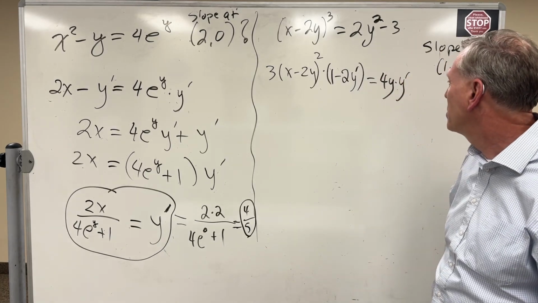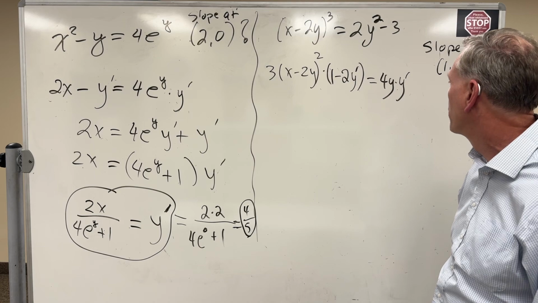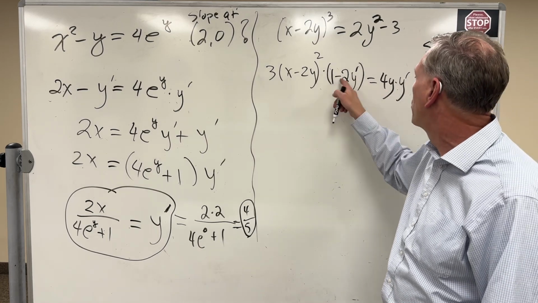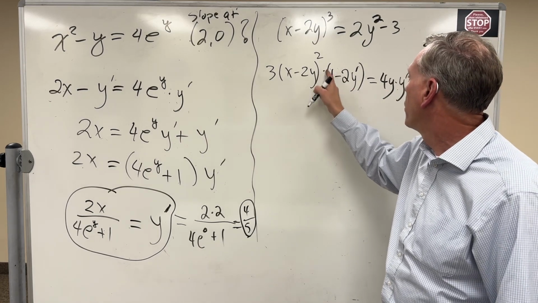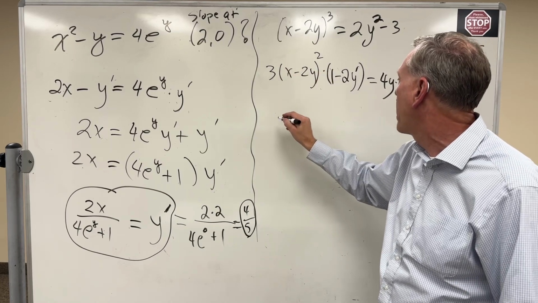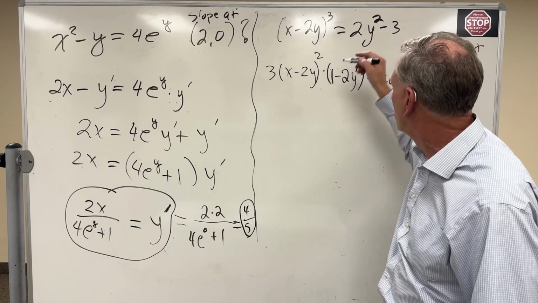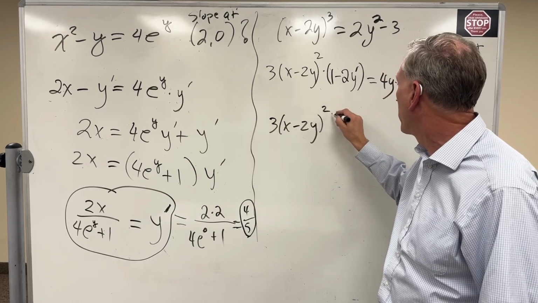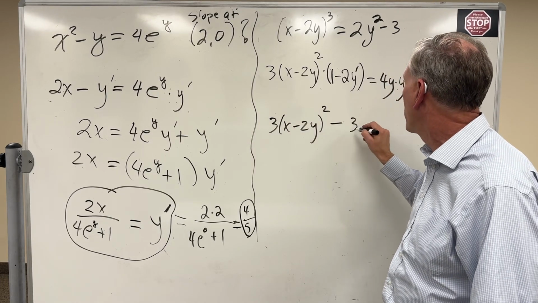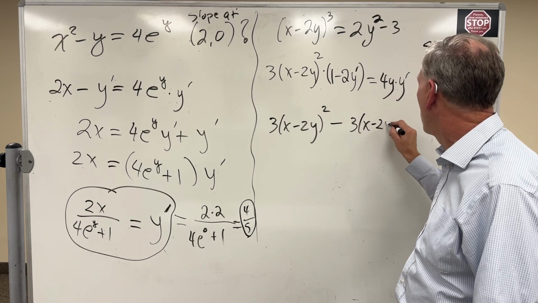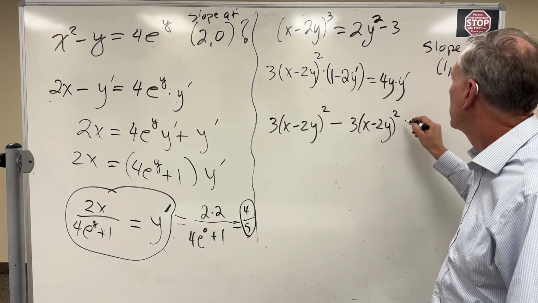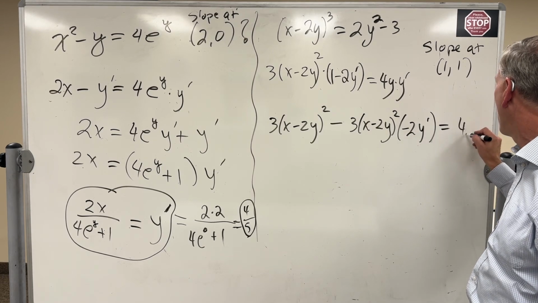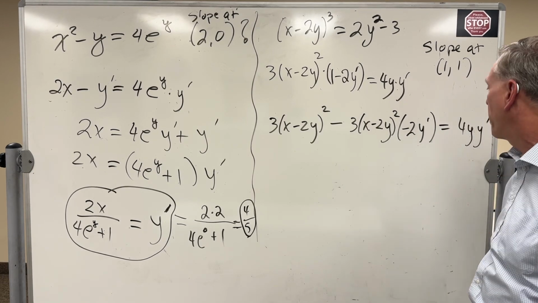All right, now this is a complicated problem. So what I want to do is take these y primes together. I'm going to distribute this, so we're going to multiply 1 times all of that. So this is 3(x - 2y)^2 minus 3 times (x - 2y)^2 times -2y prime is equal to 4y prime.